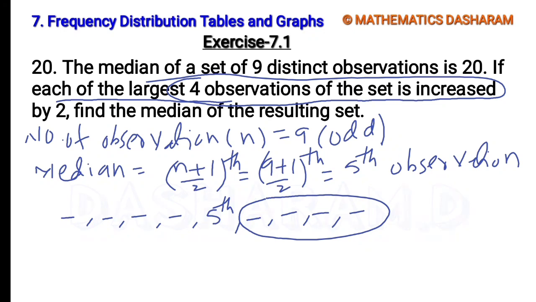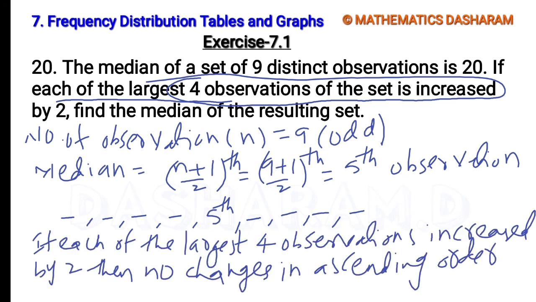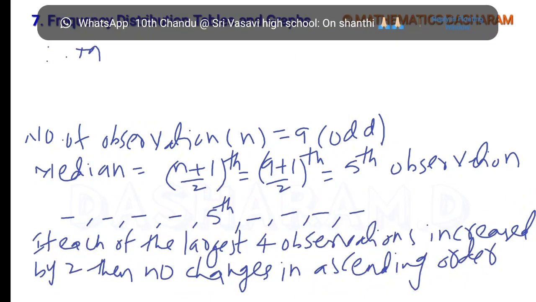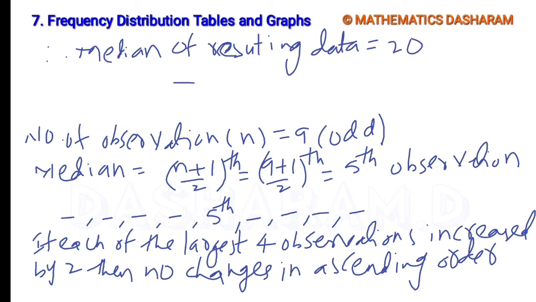No effect, because these 4 are after the fifth observation. So there is no change in the ascending order. So still the median is the same, 20. Therefore the median is the same fifth observation, so the median is 20.